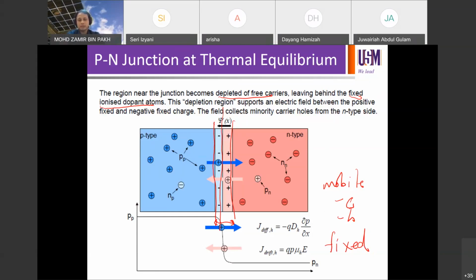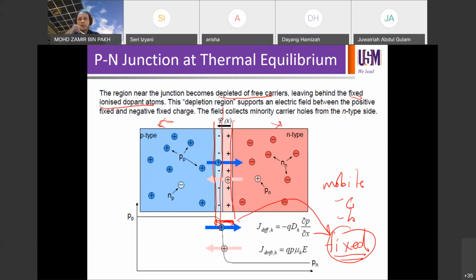The same thing happens here. So this region is about fixed ionized dopant atoms, and the neighboring regions at the edges are all about the mobile charges. Don't be confused between mobile and fixed charges.